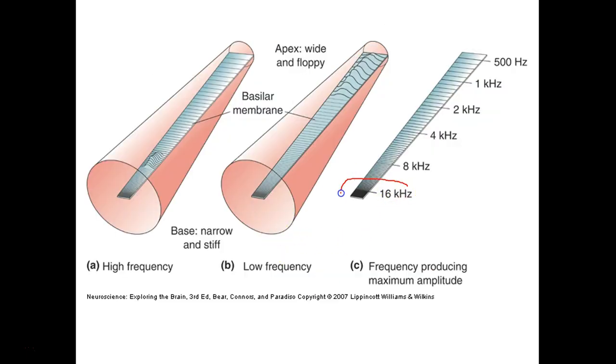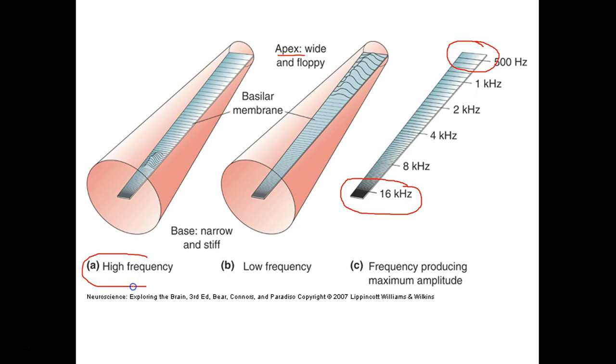So higher pitch sounds are going to flex the basilar membrane closer to the oval window, whereas deeper sounds, or lower pitch, are going to cause the basilar membrane to flex further away, or at the apex, right?